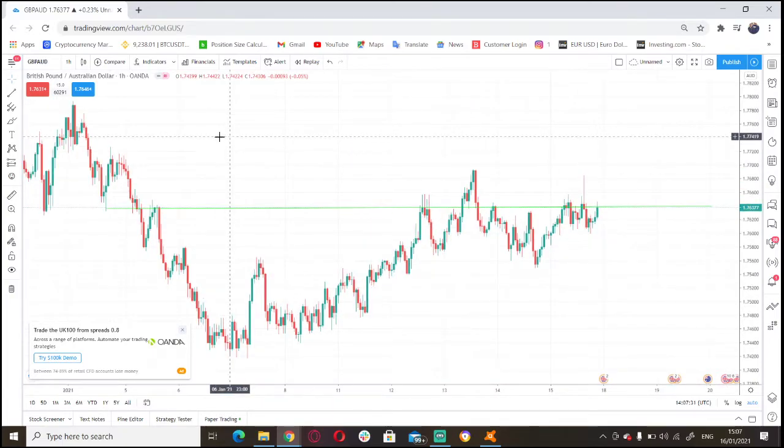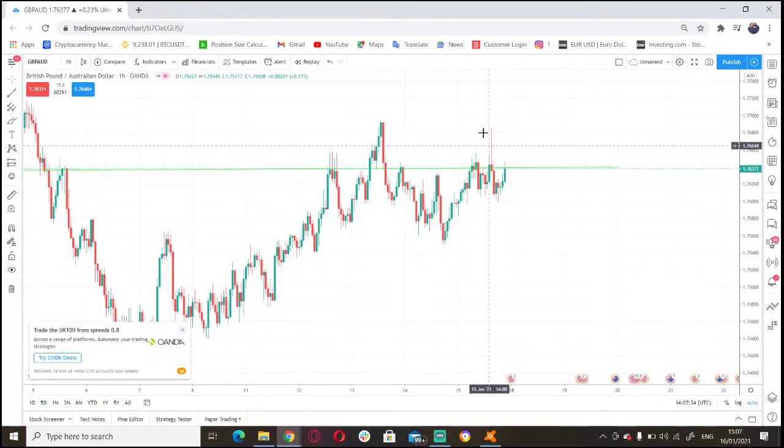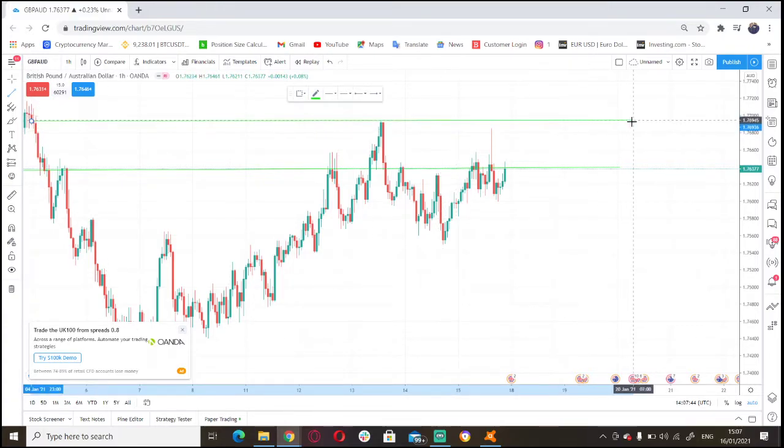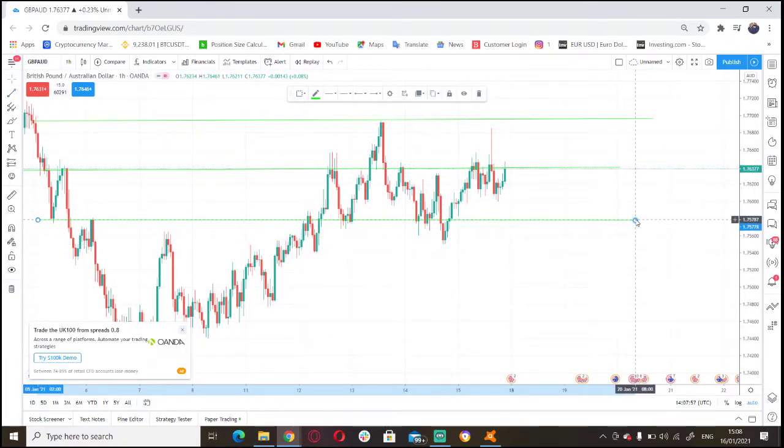If you look to the left, there's a resistance here, and you can see that at about 1.7600 there's another zone. So we plot that like this as a resistance level, then we'll plot another level here. And the thing is, with support and resistance, you just have to understand it's not accurate to the point where the literal line is the line of rejection.